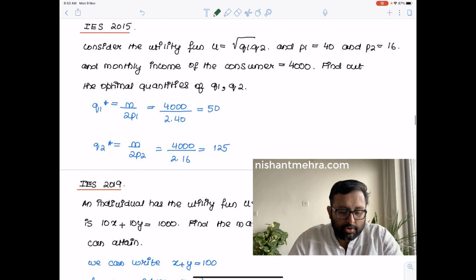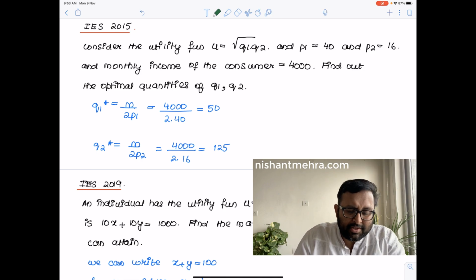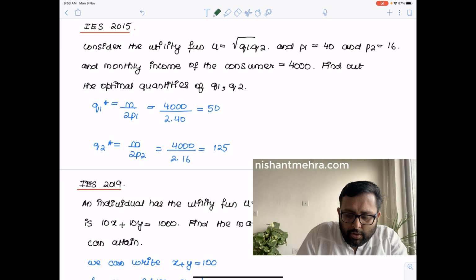Let us look at this question. So consider you have the utility function u equals root of q1 q2, right? And P1 is equal to 40, P2 is equal to 16. And what is the monthly income? Guys, you know this, right? So u equals q1 to the power half, q2 to the power half.